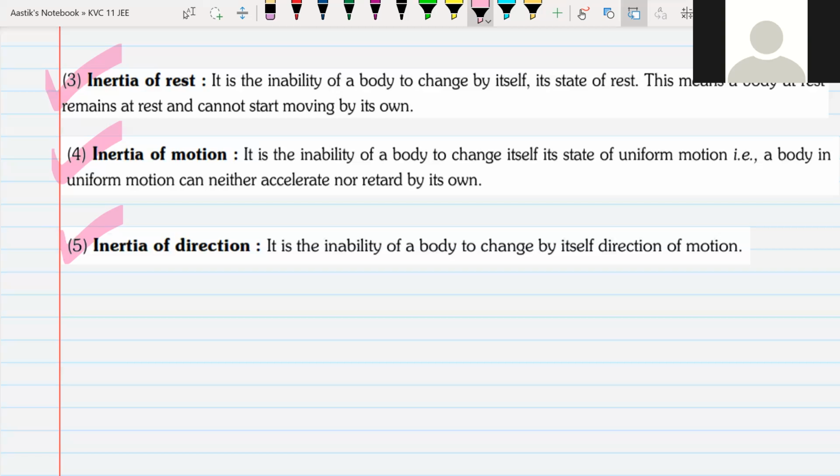Inertia of rest, inertia of motion, and inertia of direction. Shall we move ahead now?